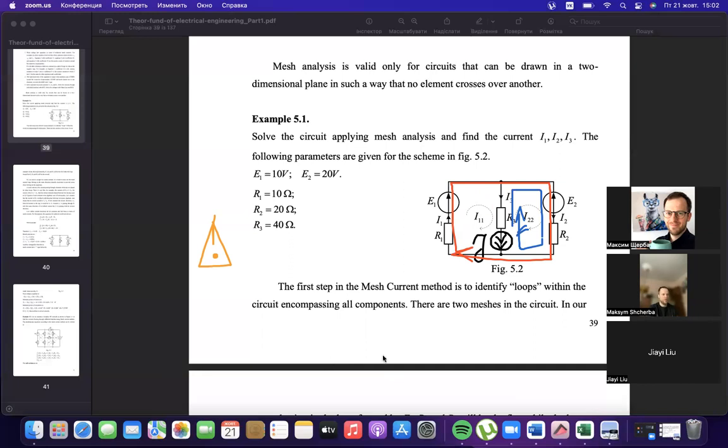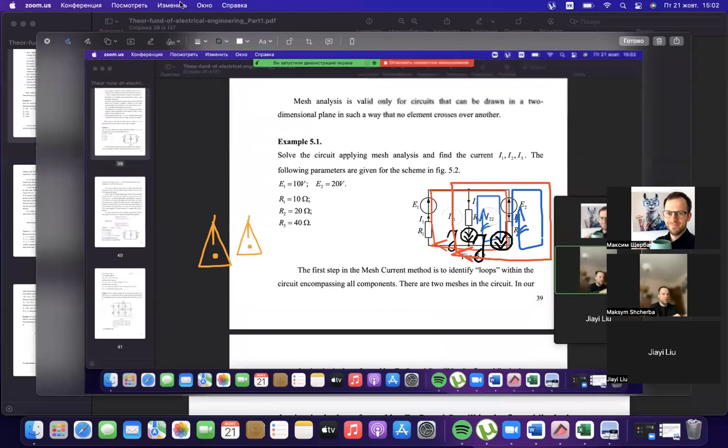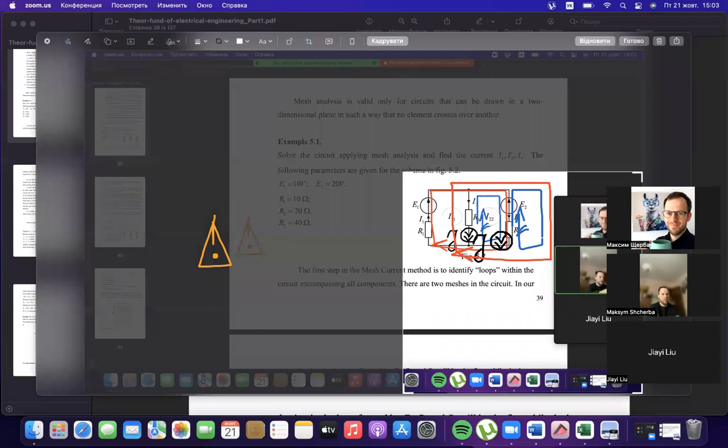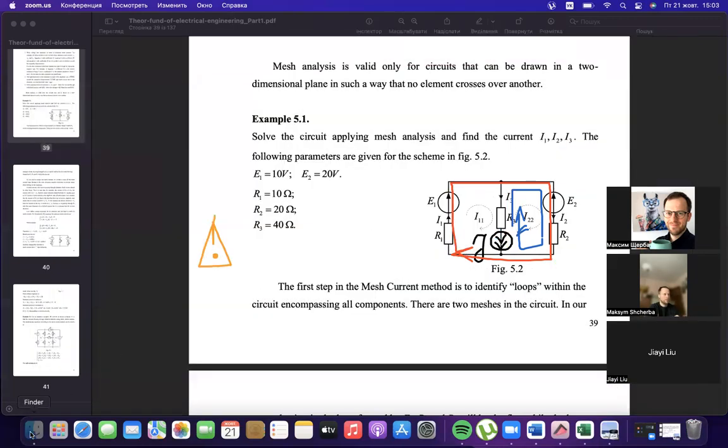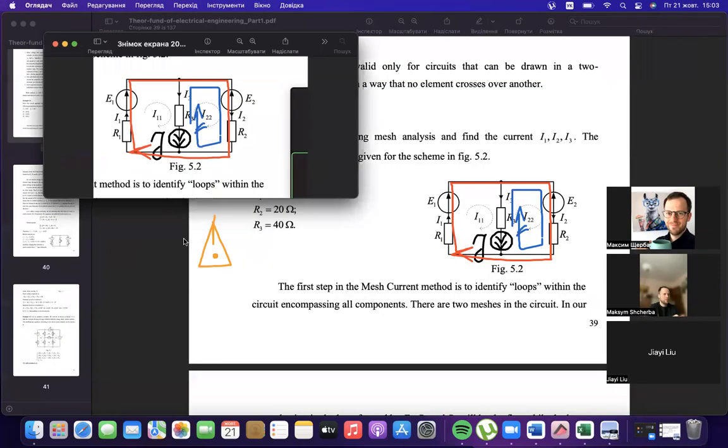For example, in this case, let's make a picture, a screenshot, and then use it on the previous solution.